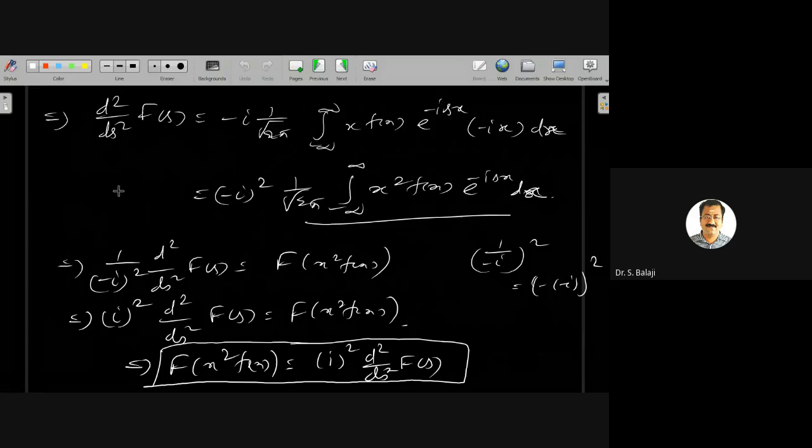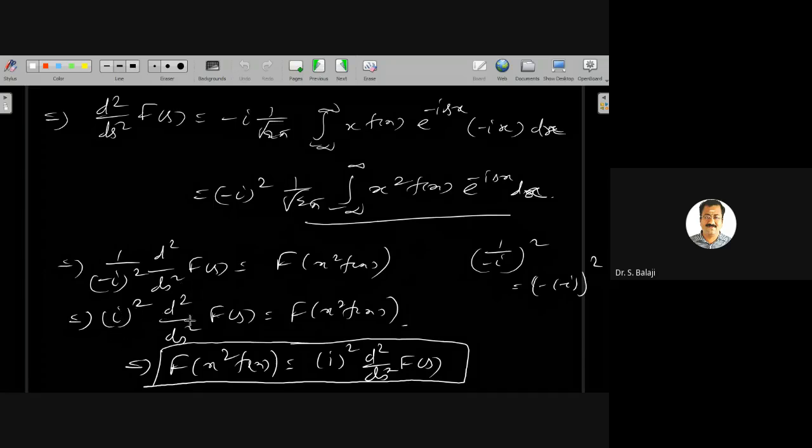I will take this minus i whole square to the left side: 1 by minus i whole square. But 1 by i is minus i, and already a minus is there, so you can write plus i, with power 2 as it is.